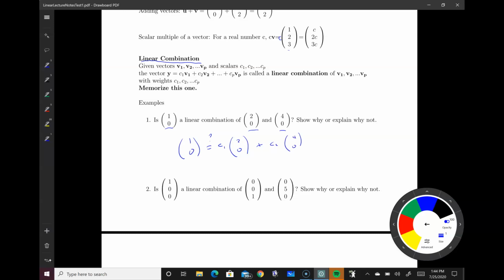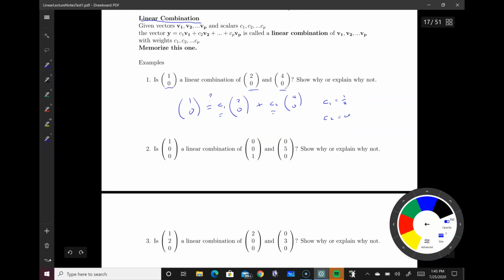Can I figure out what these c's would have to be equal to? There are lots of different options, but what if I let c1 equal 1/2 and let c2 equal 0? Of course, this is not unique, but this is just getting the idea across that this vector is a linear combination of these 2 vectors.